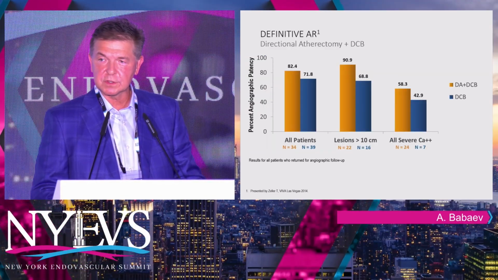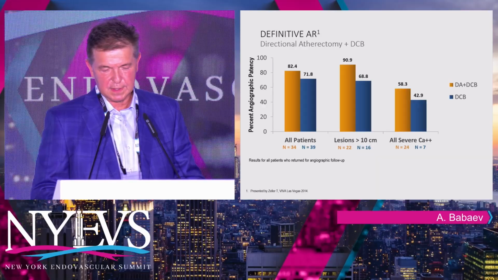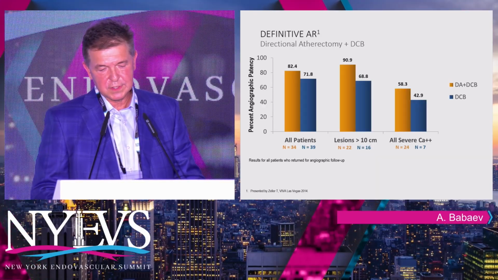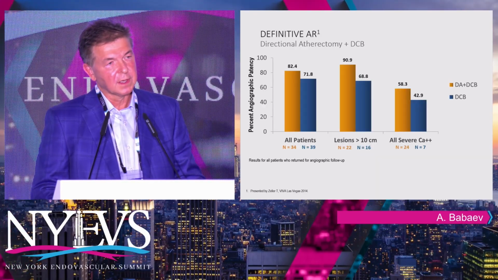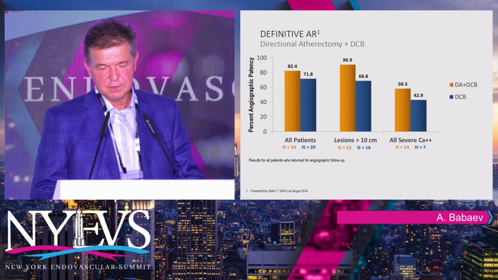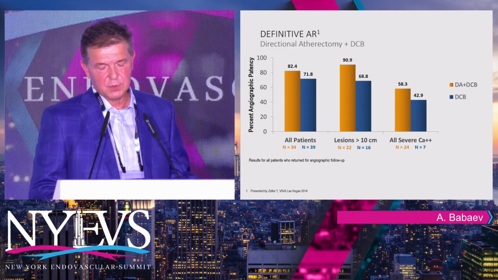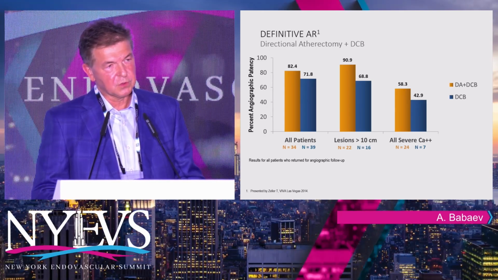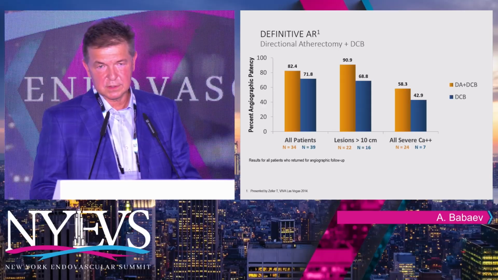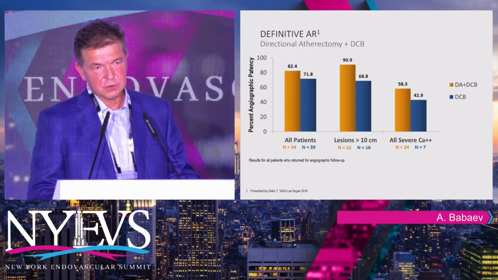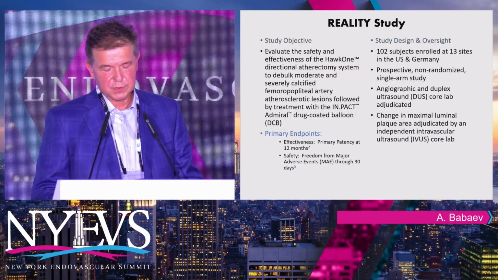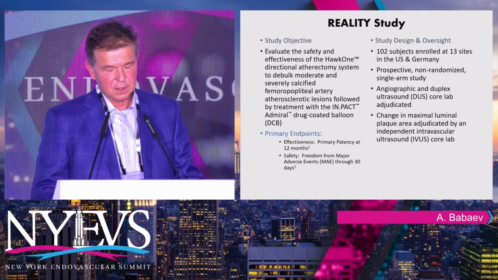Patients especially benefit from atherectomy when they have long lesions, more than 10 centimeters, or severely calcified lesions. Another thing we learned from directional atherectomy: if you do it, you have to get serious about it and try to achieve a residual stenosis of less than 30%. This is when you get a good result.